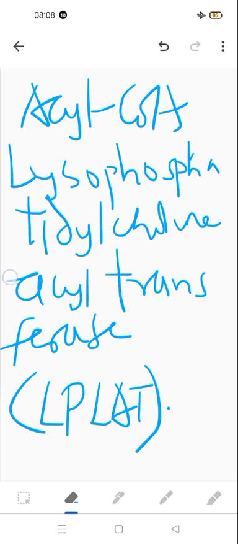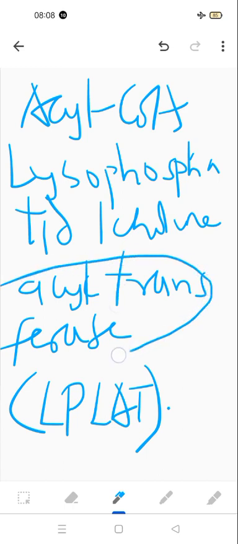So it's a transferase enzyme that transfers the acyl group, the arachidonic acid, and binds it to phosphatidylcholine.